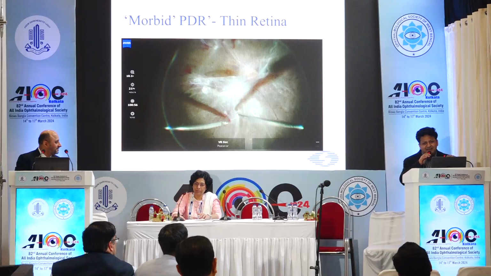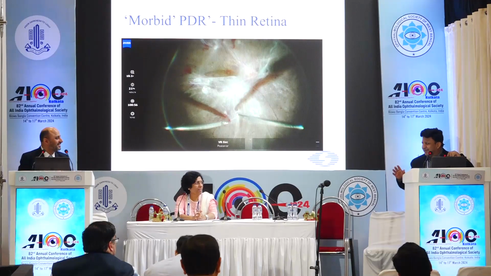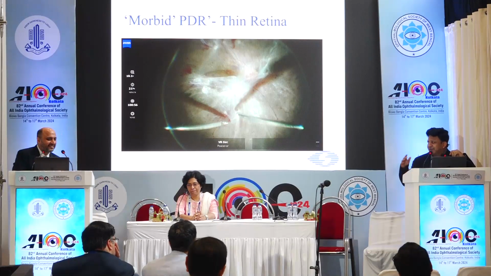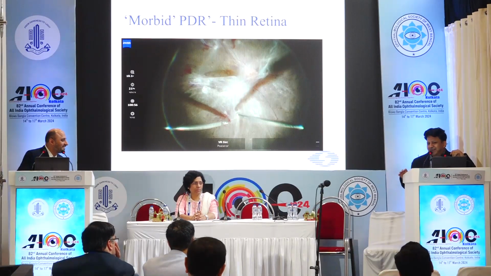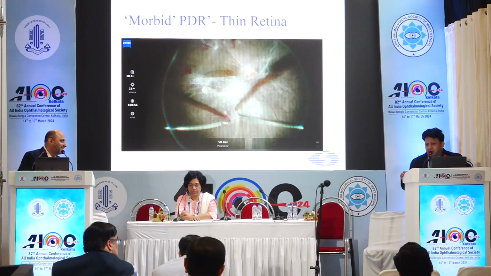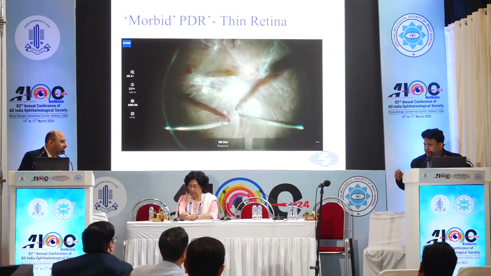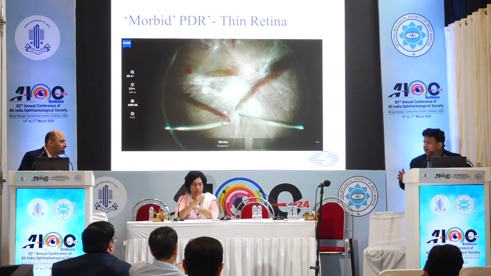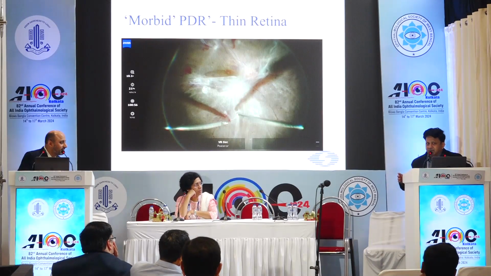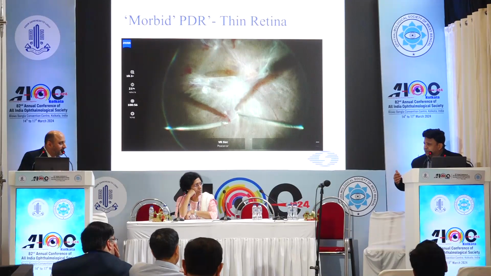Yeah, first of all, I'm not demonizing bimanual surgery. I myself do it very frequently, though my way of doing it is totally different. You are right, in many cases where we have very tight adhesions near the disc, or very thin retina, and sometimes the disc is not visible because dense membranes are there, you have to start from the periphery and do a bimanual dissection.